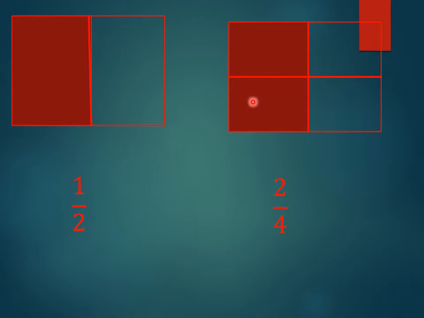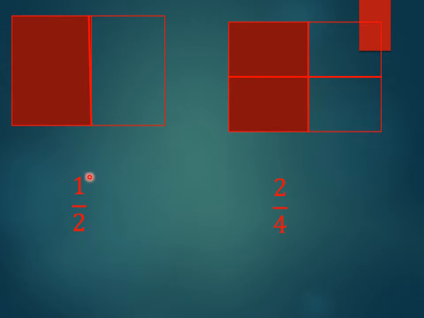Now you can see that both of the diagrams show the same quantity, but those two fractions are different numbers. These two different fractions represent the same quantity. Then these two are called equivalent fractions.